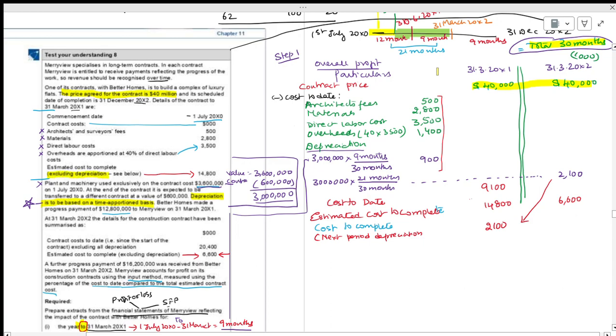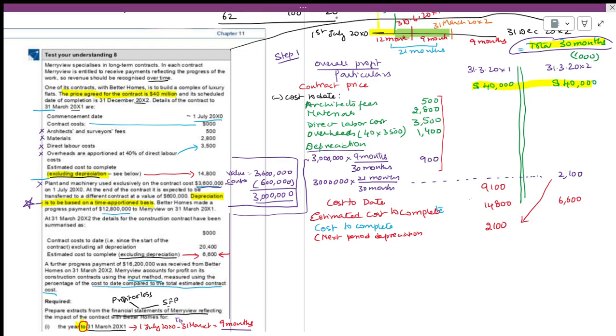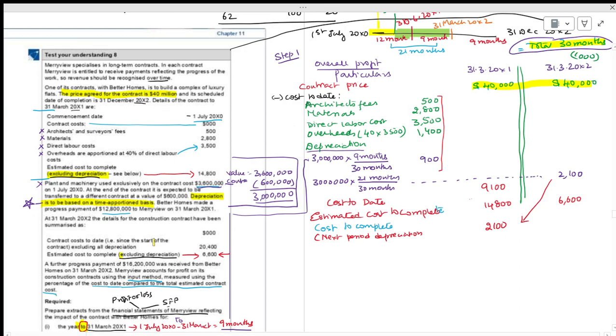See, on the left hand side, I am marking this. Is it estimated cost to complete excluding depreciation? Here also, estimated cost to complete excluding depreciation. Is it right? They have mentioned excluding depreciation.